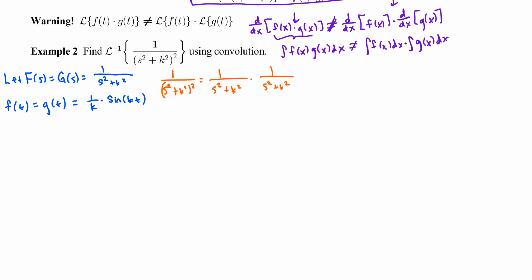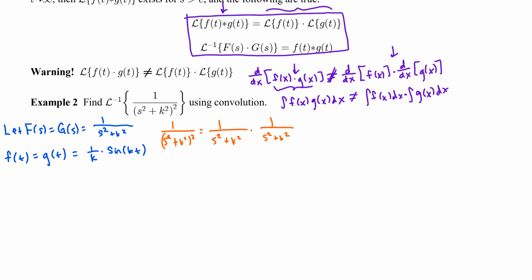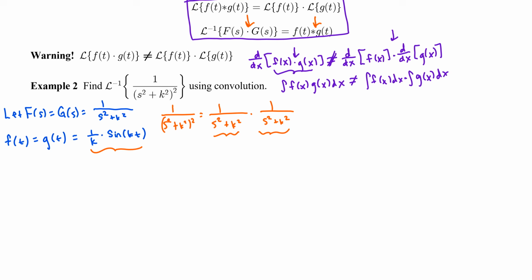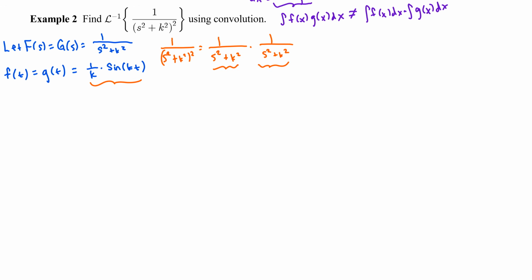And we want to find the inverse Laplace transform of this product, which is going to be the convolution of the inverse transforms. Well, each individual factor here has the same inverse transform. That's what we discovered here. So to find the inverse transform of this product, we need to find the convolution of 1 over k sine of kt with itself.